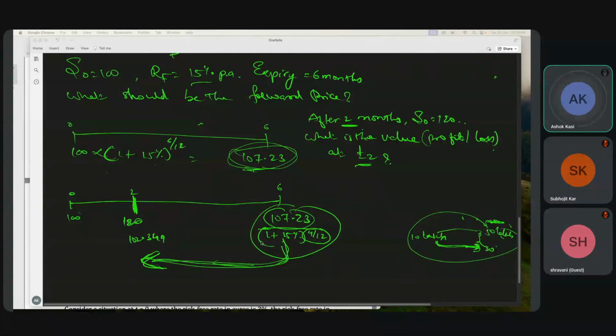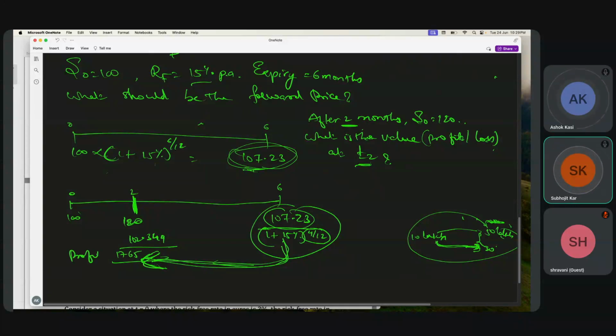So it should be 102.34, but already it has reached 120. So take the difference. That difference is my profit. It's 17.651. So 17.65 is my profit right now.